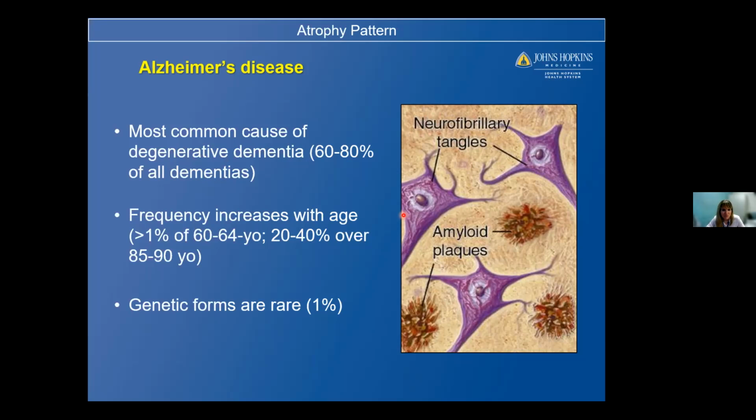This is most commonly sporadic, with rare genetic forms estimated at 1%, as opposed to the frontotemporal dementias that frequently have a genetic component, as we'll see next.